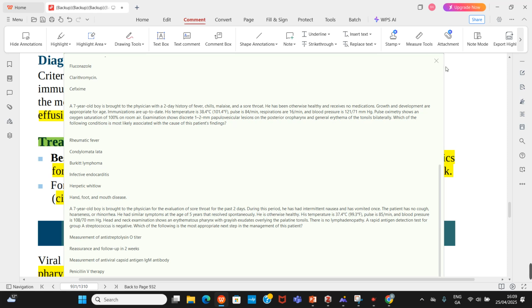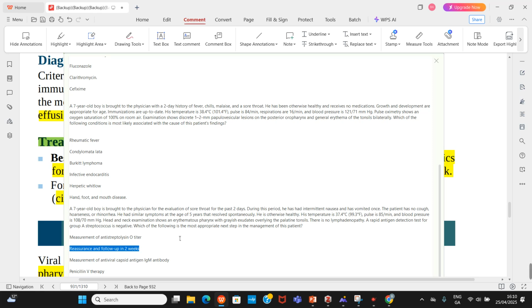No, no. It's a tempting option, but remember, when we were talking about the algorithm, we did not mention the titer, so don't do it. Oh, okay. Reassurance. So here now, it's likely going to be reassurance. But if there's no reassurance, what other option do we think they can put? Symptomatic treatment. Okay, let us calculate this person's Centor score.